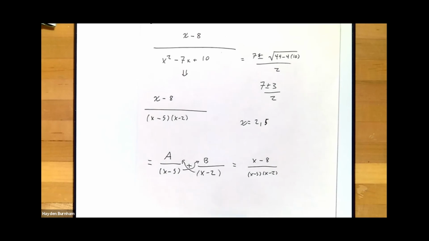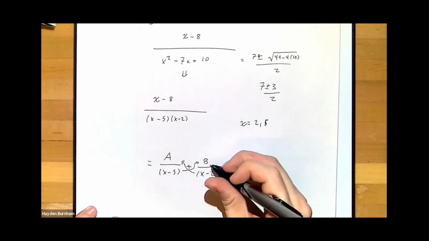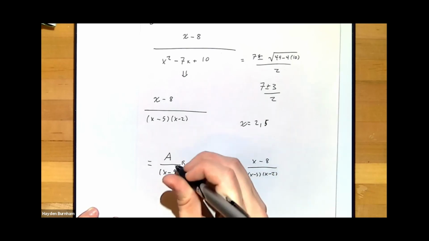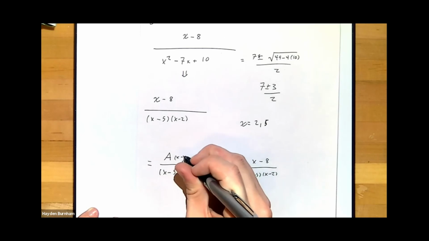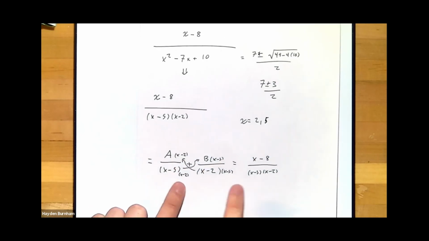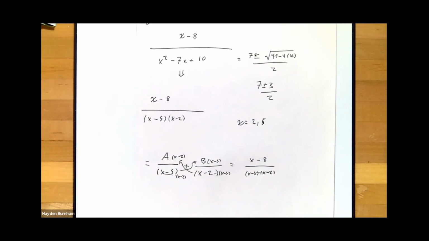But in this case, if I wanted to combine these two together, I would multiply this by x minus 5, and this times x minus 2, right? And then the denominators would match, and we can just ignore the denominators on all sides.